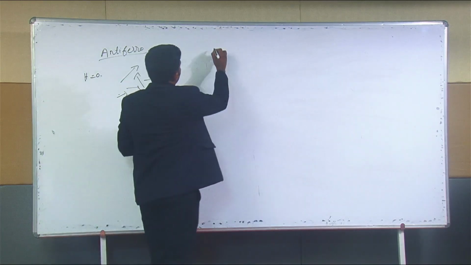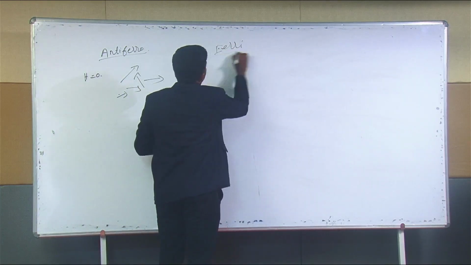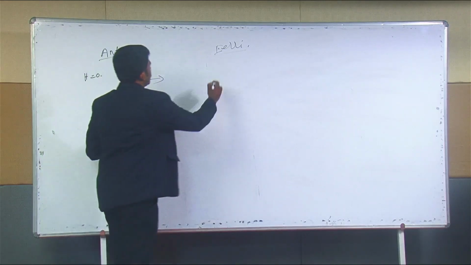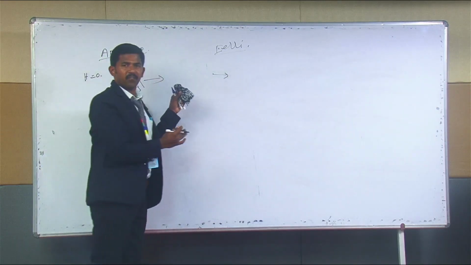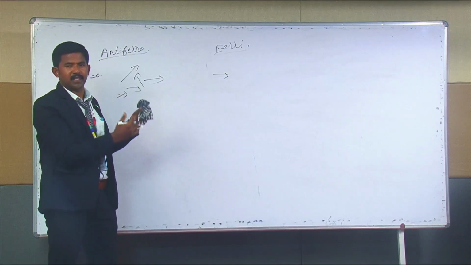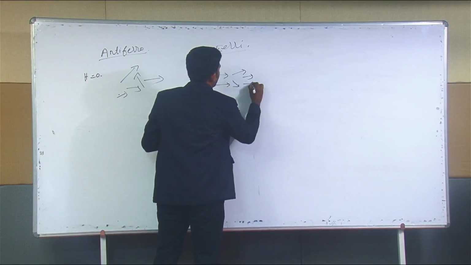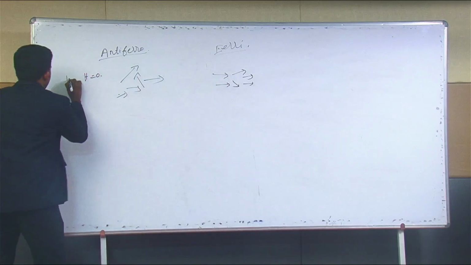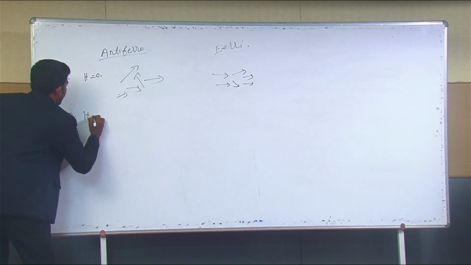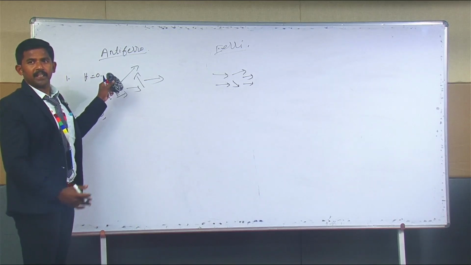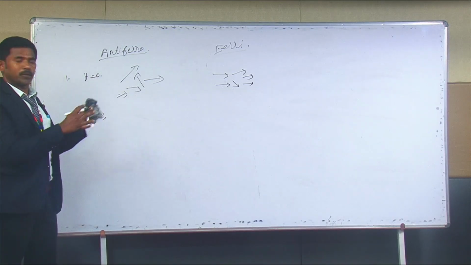Whereas in the case of ferrimagnetic, there are residual magnetic moments, so it is like a ferromagnetic, but the magnitude is less. If you apply the magnetic field, it is perfectly aligned in the opposite way.